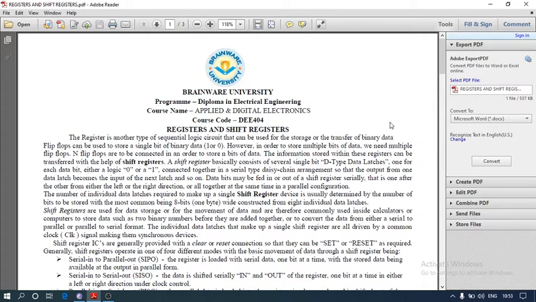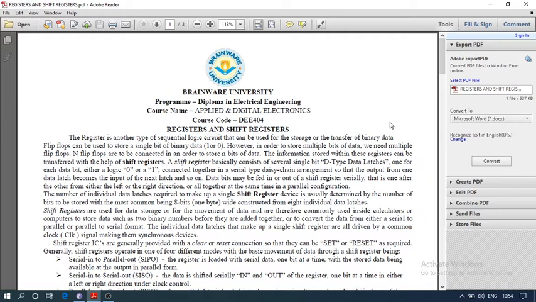Okay student, today our topic is register. So what is register? We have seen that a flip-flop is a one-bit memory cell which stores one bit of digital data. A group of flip-flops stores more than one bit of digital data.